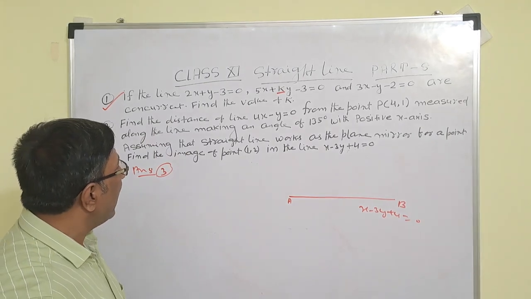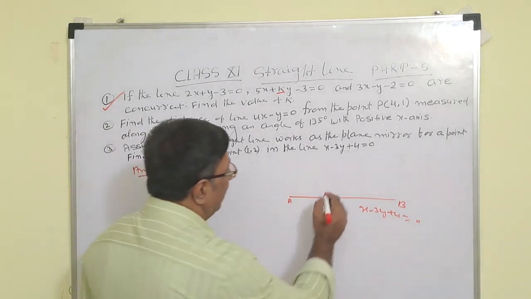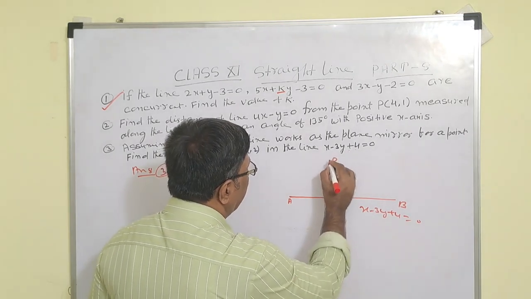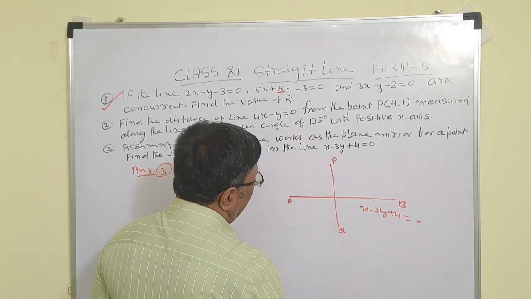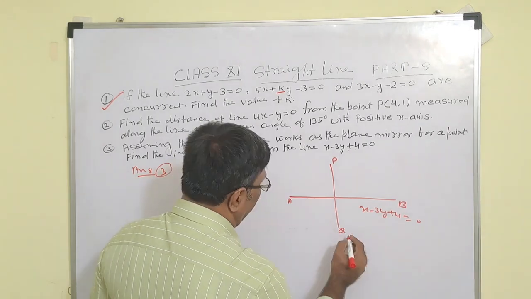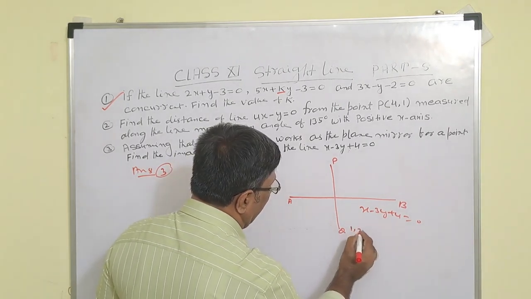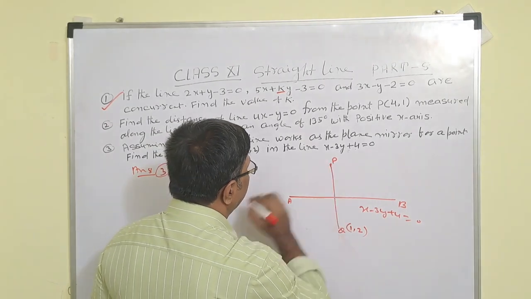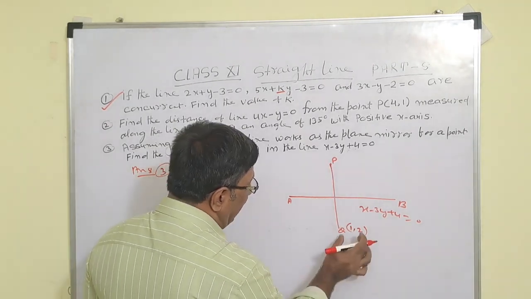Now we have to find the image of a point. Suppose this is a point P and this is a point Q. Suppose Q is the point (1, 2), and P is its image.